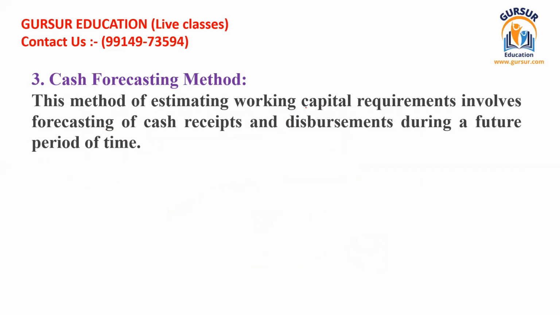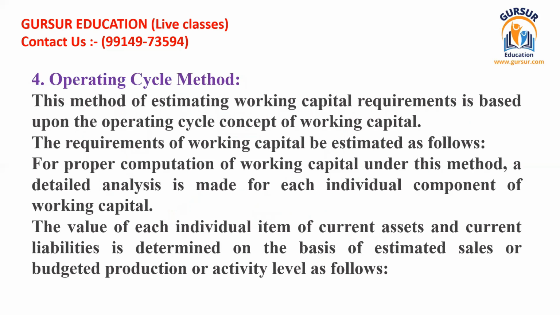I hope you have got the idea, and that was the very important third method of calculating the exact working capital requirements. The next method is the operating cycle method. This method is the most important one. From all the previous methods, whether the percentage of sales method, the regression analysis method, or the cash forecasting method, the most important method is the operating cycle method.